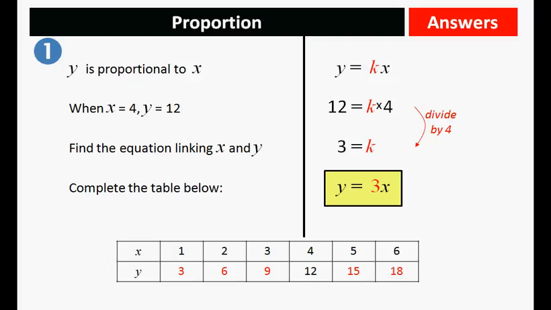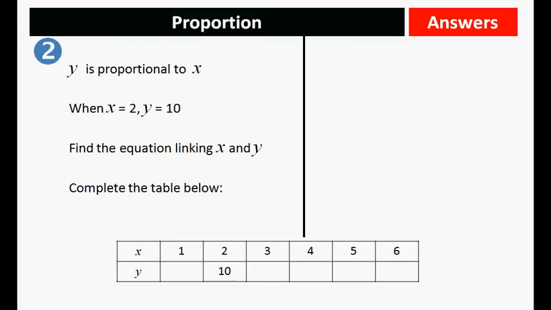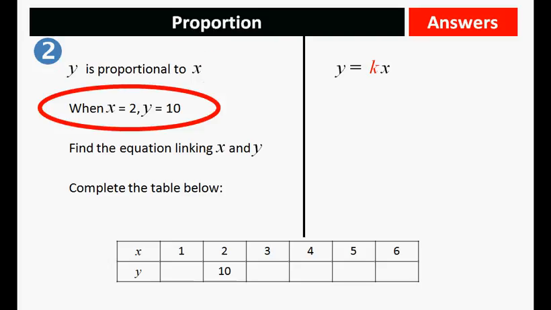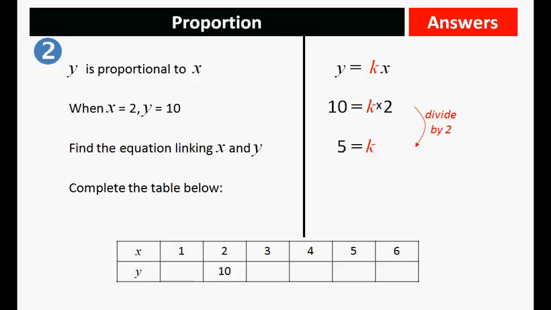Question 2. Y is proportional to x. So once again, it's y equals something times x. When x is 2, y equals 10. So we can put those values of x and y in and get 10 equals k times 2. And from that we can work out that k is 5.